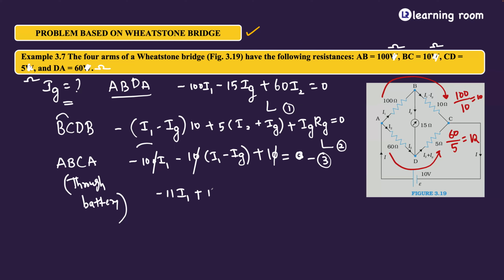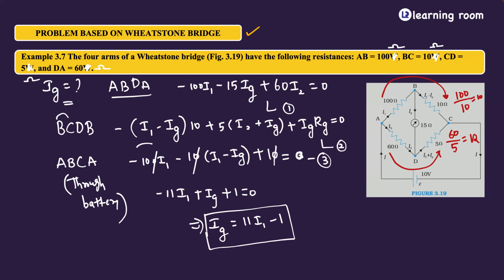Minus of minus is plus Ig, plus 1 is equal to 0, which implies Ig is equal to 11I1 minus 1. So let this be equation number 4.